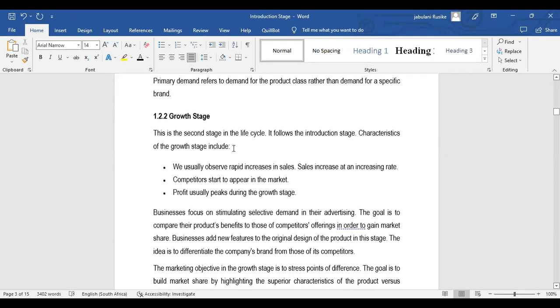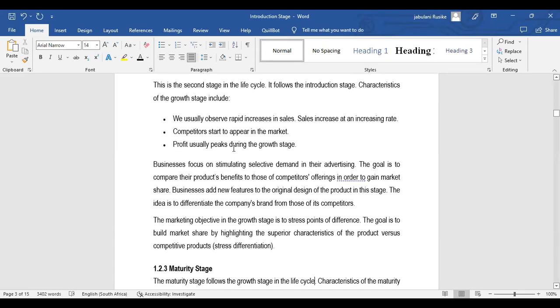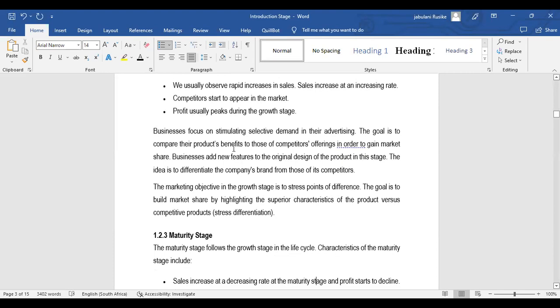So now the consumers are becoming aware of the product in the growth stage. Your sales are starting to increase gradually, bit by bit, and profit is now picking up during this growth stage. And then the competitors are seeing that, okay, fine, I think this product is being accepted by people. That's when they will start to come bit by bit into the market. So here the goal now, because the competitors are coming in, is to compare the product benefits with the competitors, because you are trying to beat them.